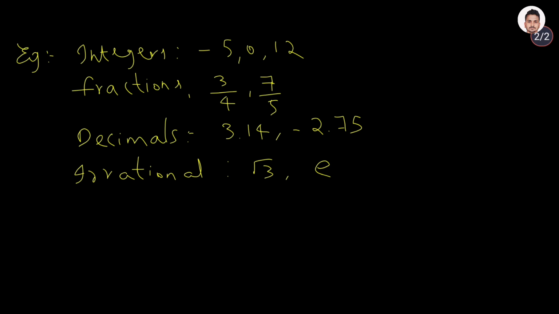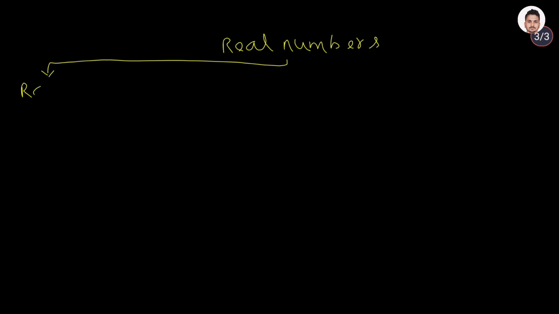Now we will see how real numbers are classified. Real numbers are mainly classified into two types. First one, rational numbers. Second one, irrational numbers.